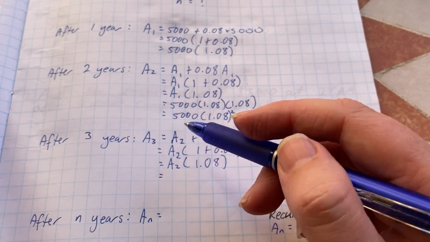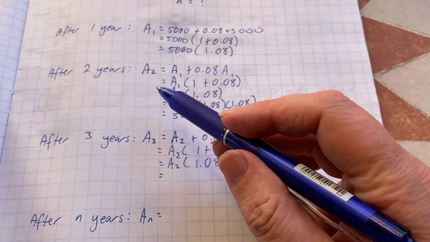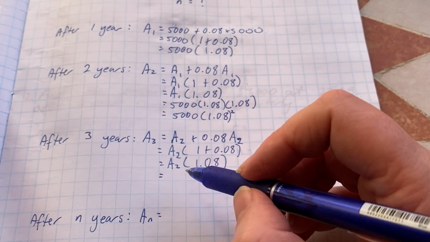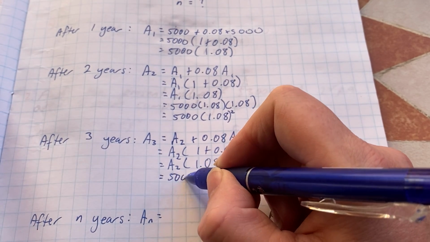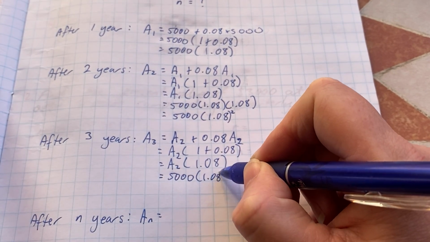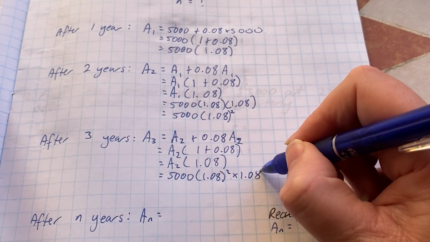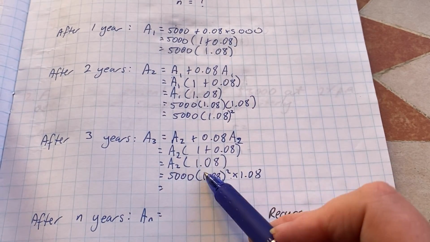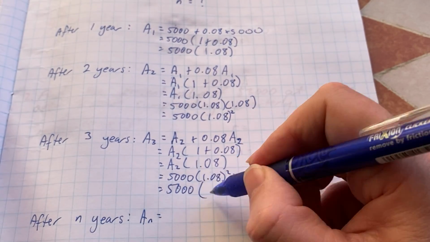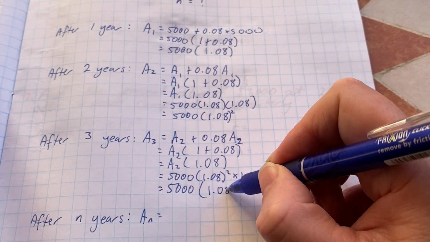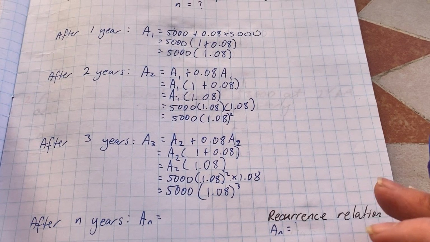There is a really good reason I'm following this particular process, because when we get to harder problems later on, we need to know this process very, very well. So instead of A2, I need all of that. A2 is this, that's our A2 times 1.08. If I use my index laws there, that's 5,000 times 1.08 to the power of 3. 2 there, 1 there, make 3 altogether.